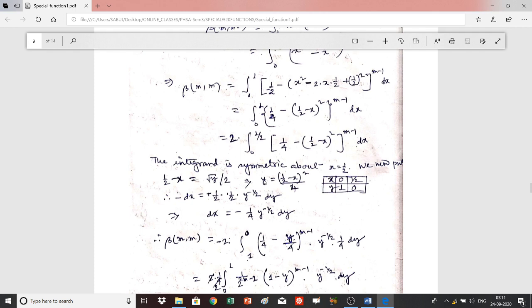So that will give you y is equal to half minus x whole square by 4, and here is the limit. When you use x is equal to 0, y will give you 1, and when x is equal to half, then it will give you 0.